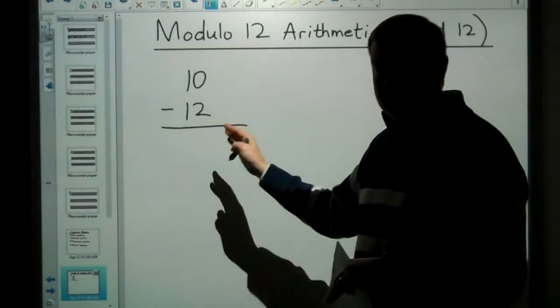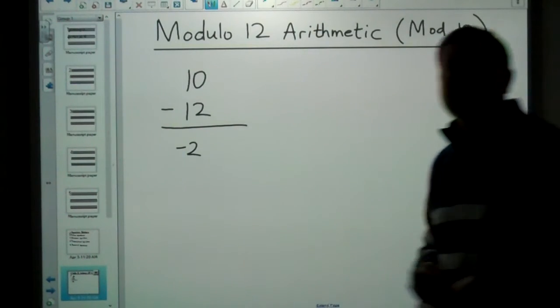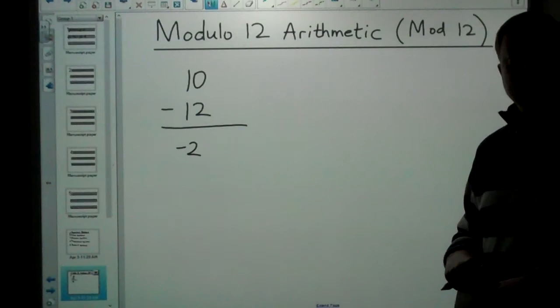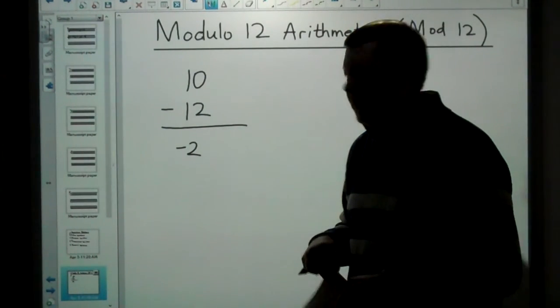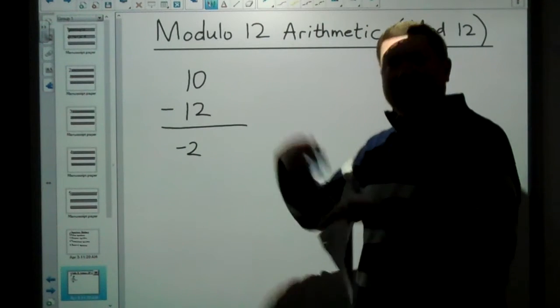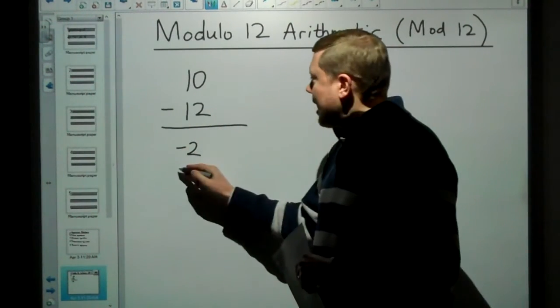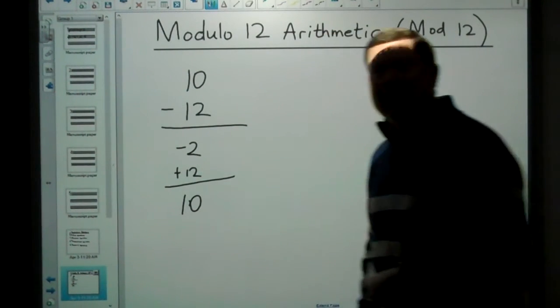In traditional math, 10 minus 12 is negative 2. But negative 2 is not between the magic numbers 0 and 11. So we need to add 12 to our answer to get it within the range of 0 to 11. If we add 12 to negative 2, our final answer is positive 10.